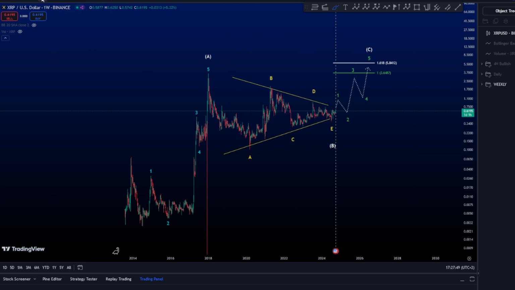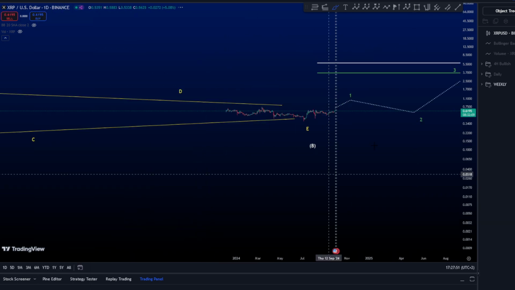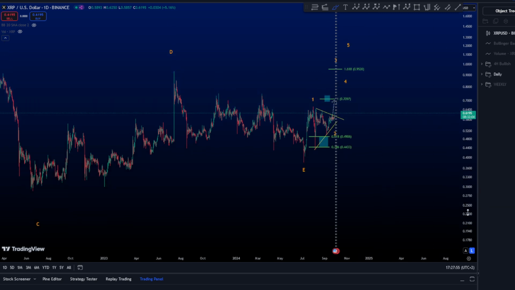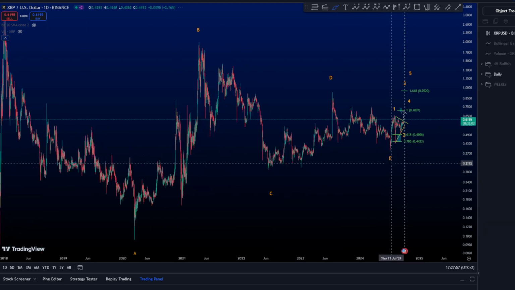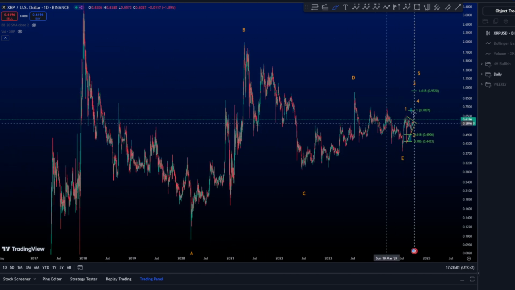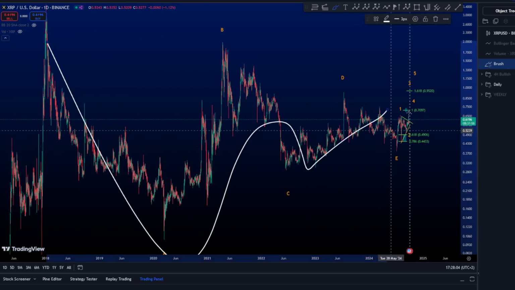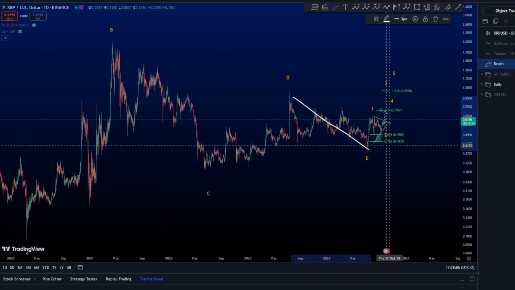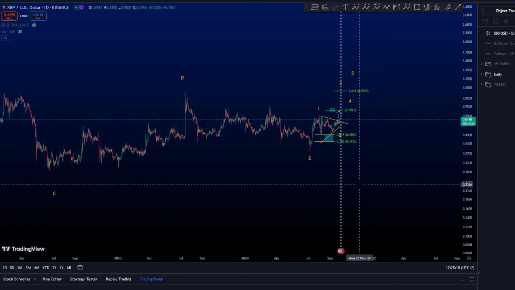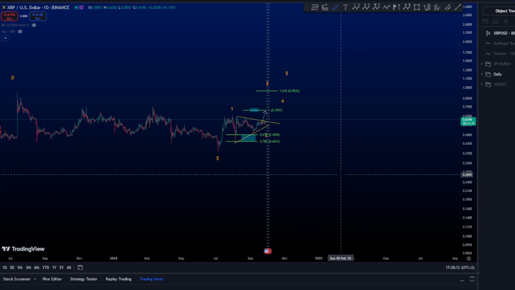So on the daily chart, we can see also that we want to move up as well, and we can see on the daily that we have started a formation of a 1, 2 after finishing this massive triangle ABCD, right? After finishing the wave E here, we are looking for a 1, 2, and 3, 4, 5, possibly, of course, for higher prices.